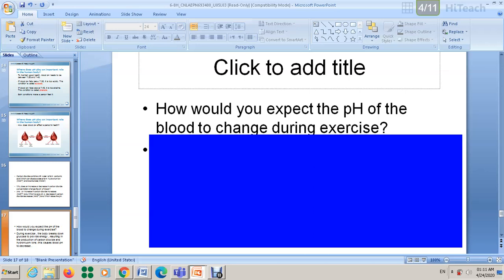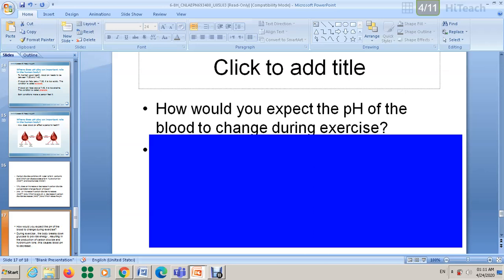To be able to answer this question, you are making exercises. That means you need what? Energy. What is the reaction inside the cells that helps to provide the body with energy? Try to remember this, which is what? Aerobic respiration or cellular respiration, right? Think about now the reactants and the products in cellular respiration.